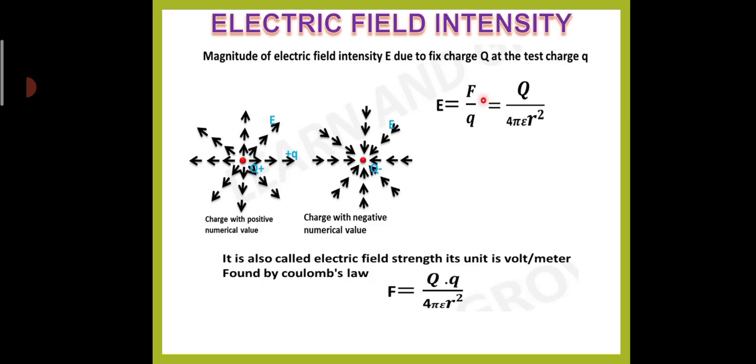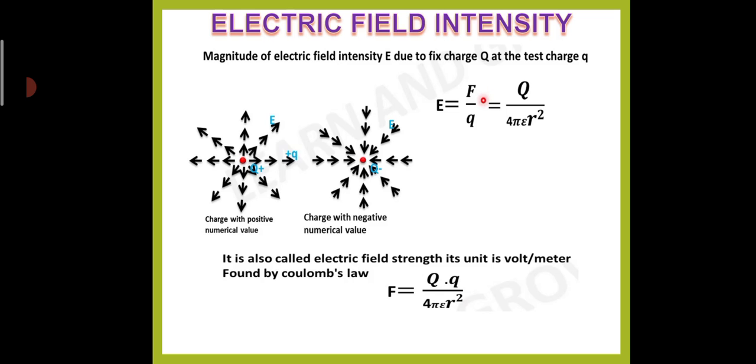So, E equal to F by Q, or we can say E12 equal to F12 divided by Q. So, E equal to Q divided by 4 pi epsilon 0 R square, or we can also say into A12 unit vector.